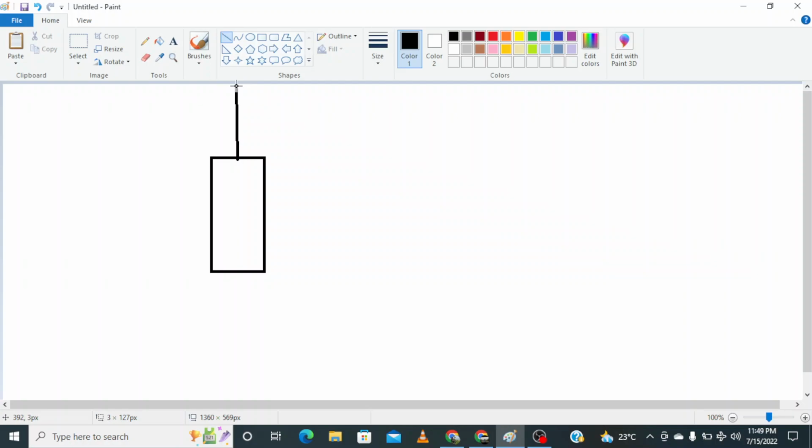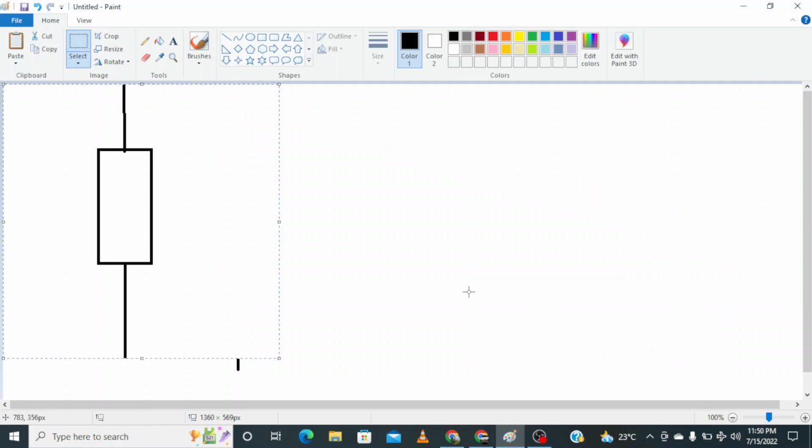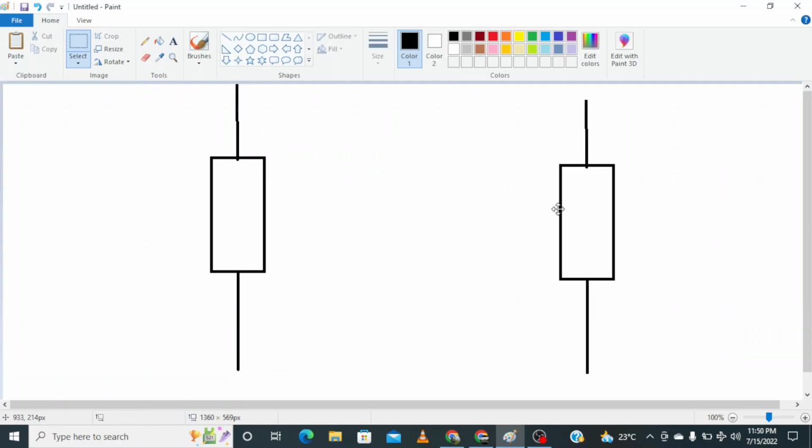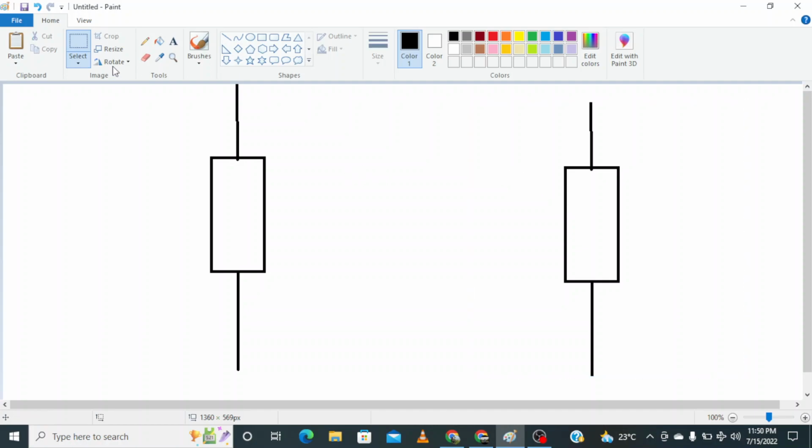Why isn't this line straight, dude? Come on. Okay, doesn't matter, this is not a straight line, this is a straight line. Sweet. Let me just copy it out.